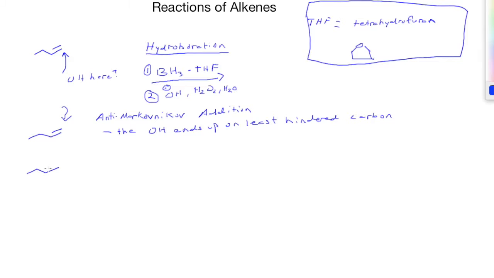So if we draw out this guy, what we can see is that boron, remember, boron has an empty p orbital, and so it is going to be Lewis acidic, and our mechanism is indeed going to be very different than what we had before. So the pi electrons from the double bond are going to attack our boron, but at the same time the electrons from the bond in between the hydrogen and the boron are going to attack this carbon.